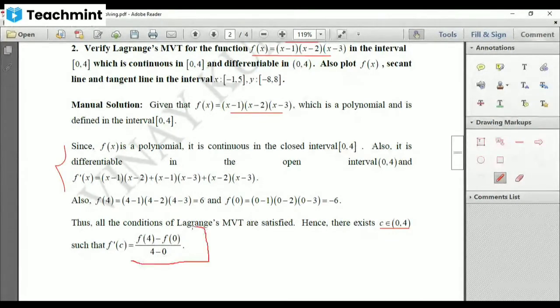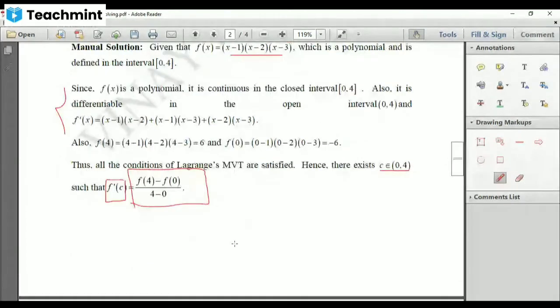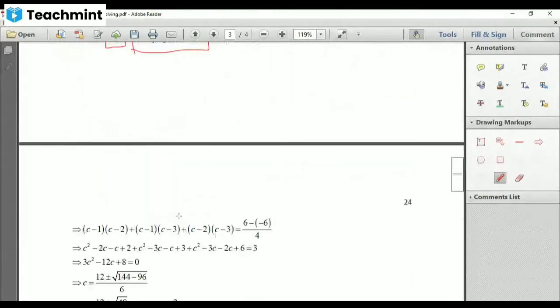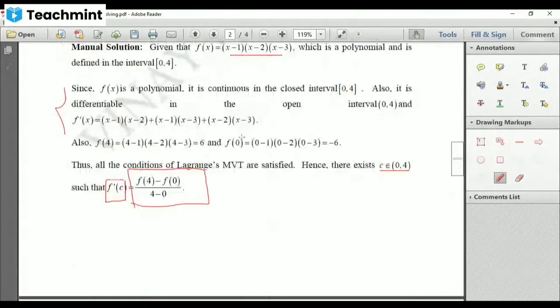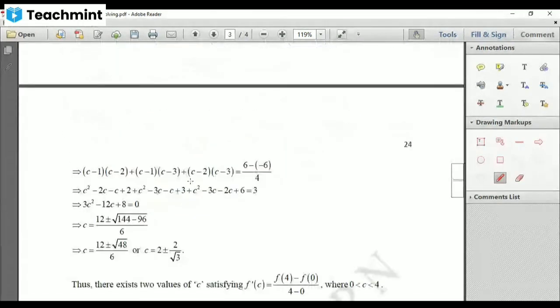This is the slope of the chord and this is the slope of the tangent, and they are equal. They are equal at c. Right? Now we know what f dash of c is from this. Substitute it: f of 4 is 6 minus f of 0 is -6, divided by 4 minus 0, which is 4. So that gives you 3.